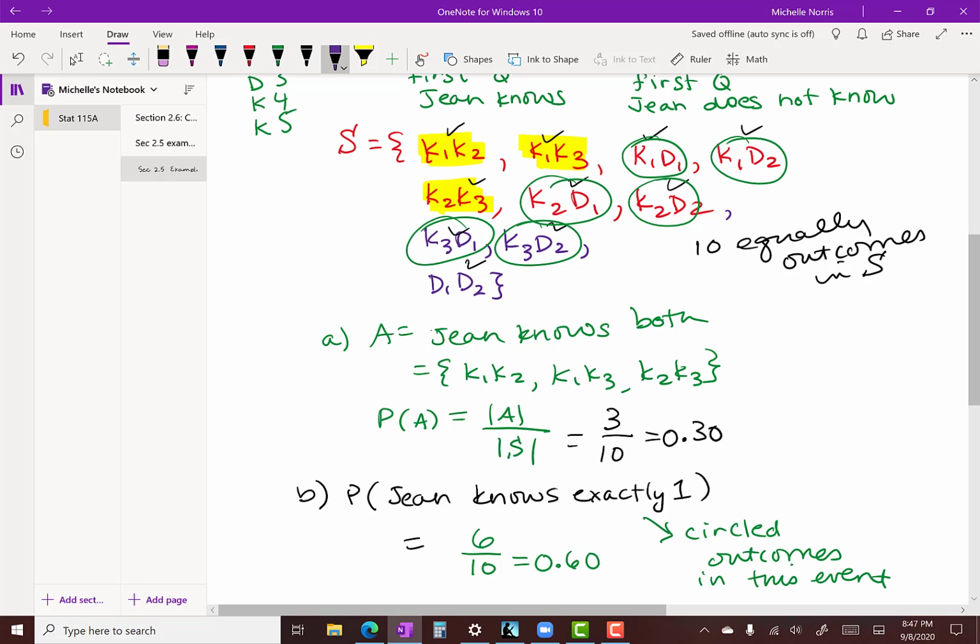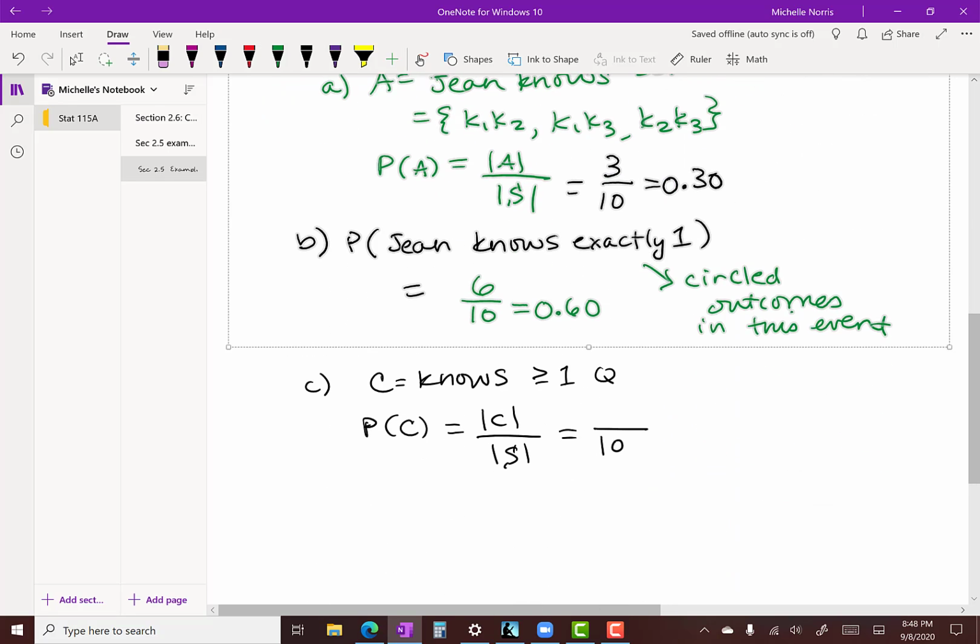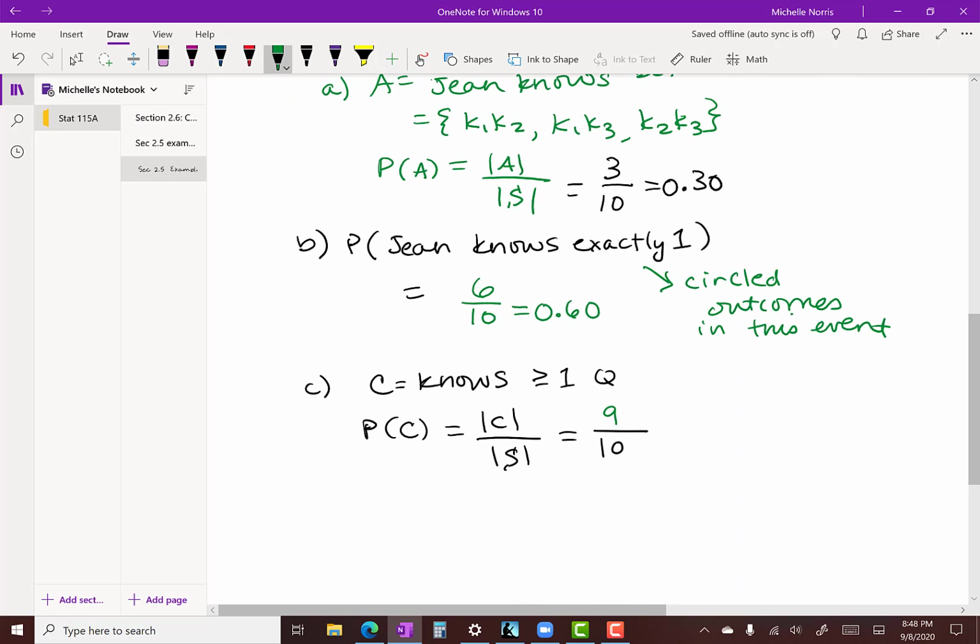So at least 1 could be 1 or 2. So K1, K2, K1, K3. All the ones where I put a slash, she knows at least 1 question. There's only 1 outcome that is not in that event, and that is D1, D2, and I don't want to circle that. So we actually have 9 outcomes in C. Those are the outcomes with a slash. And so that's 0.90.